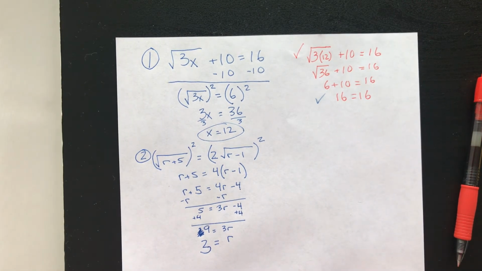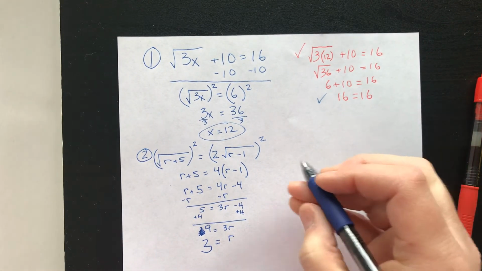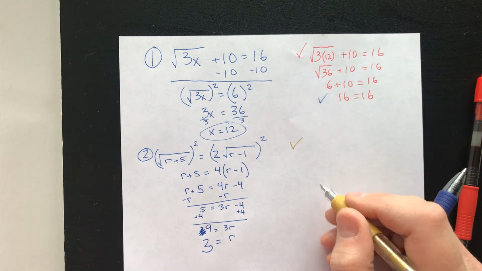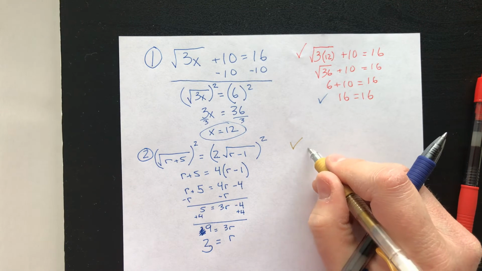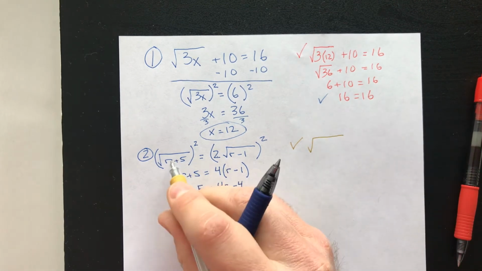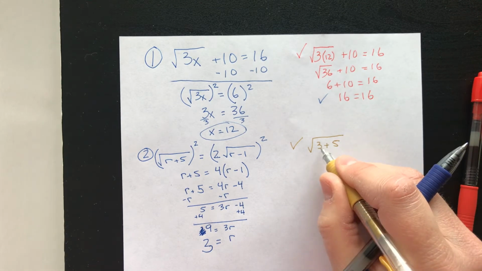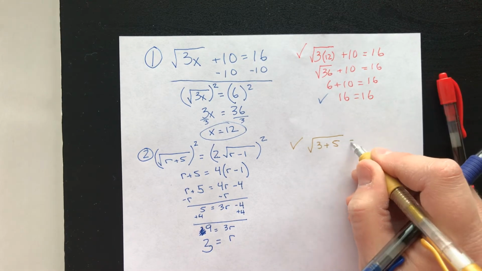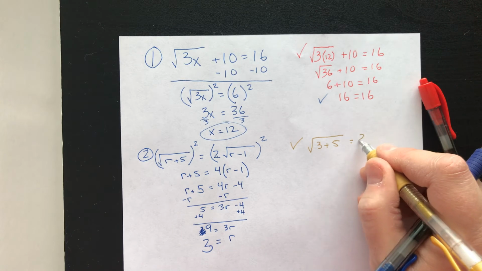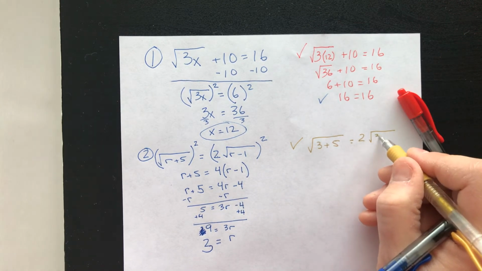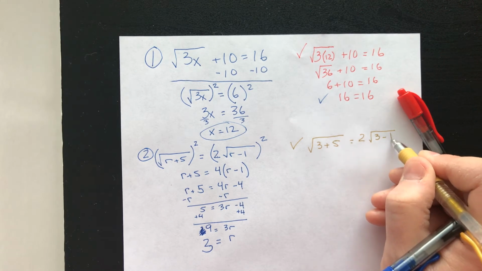Okay? Now, I need to check that answer. So I'm going to come over here and check it. So we have the square root of 3 plus 5, that 3 is the r, is equal to 2 times the square root of 3 times 2 minus 1.